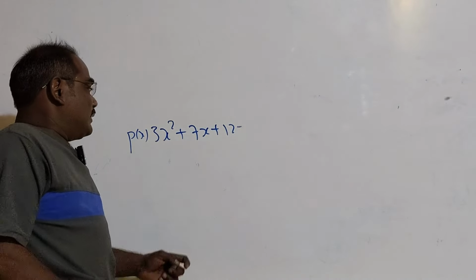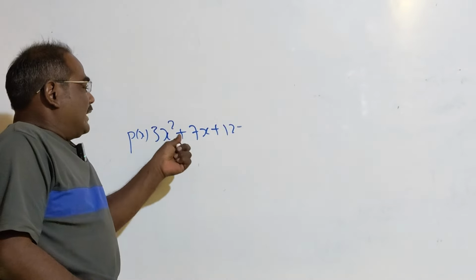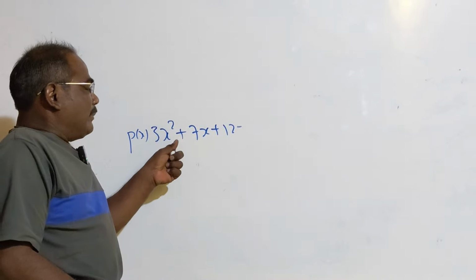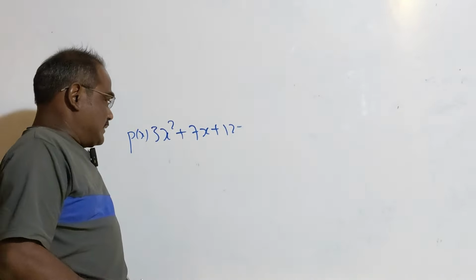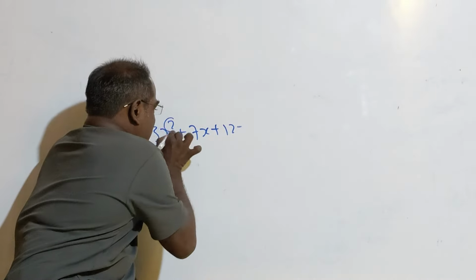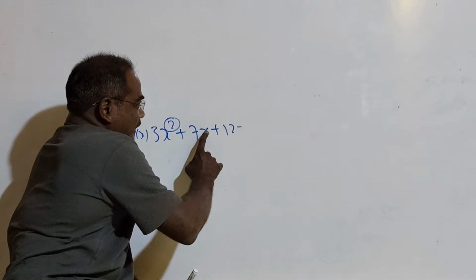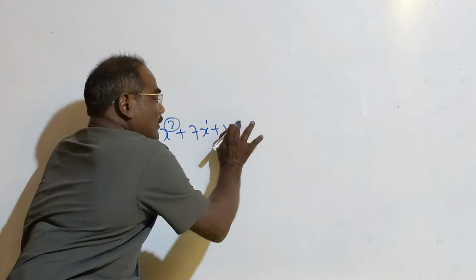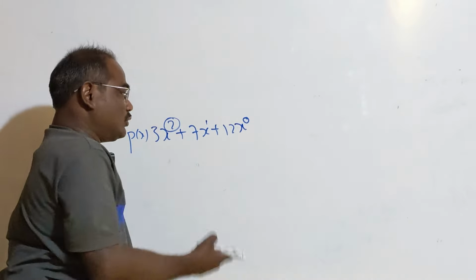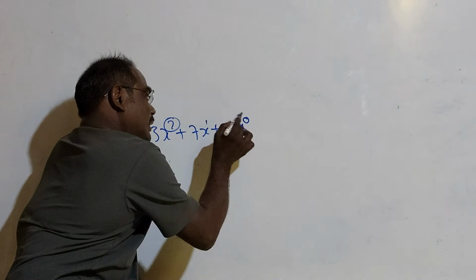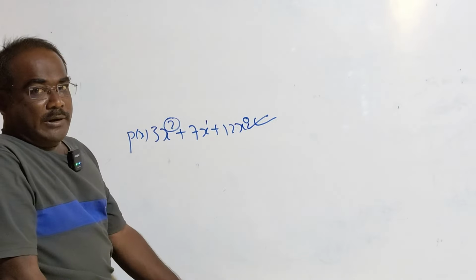We say the given one is a polynomial only if the power of the variable is a positive integer. The power of x is 2 here, 1 here, and 0 here, since x power 0 is 1. So the powers are non-negative integers. Hence this is a polynomial.